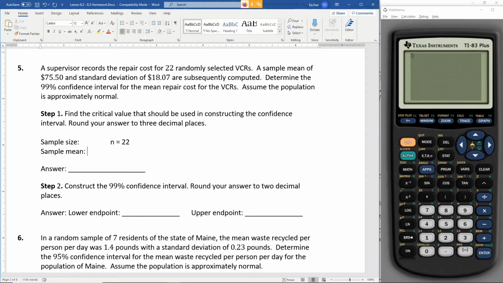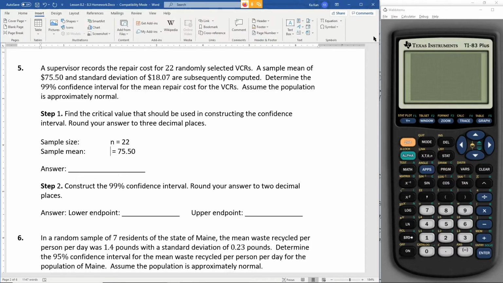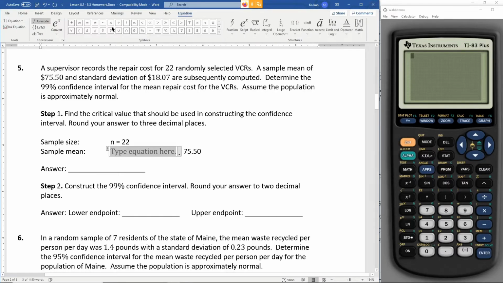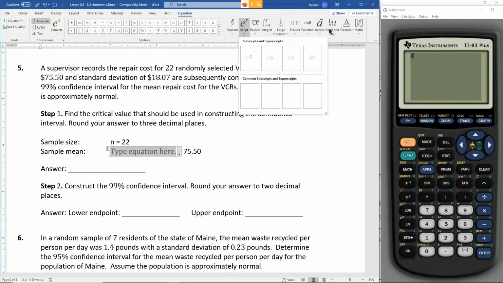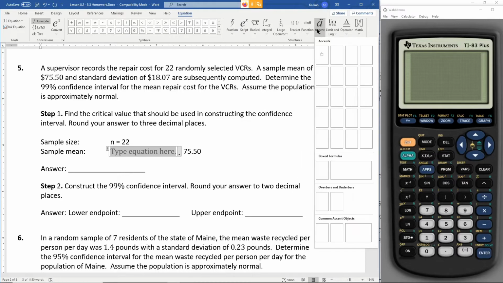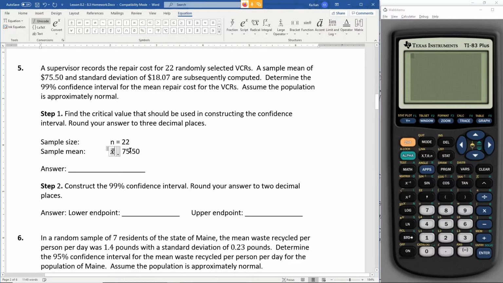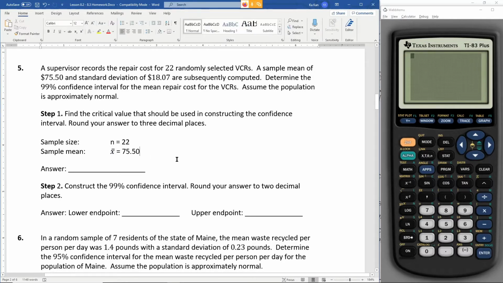The sample mean is 75.50, and we change that to the mean, like this. Sample mean.